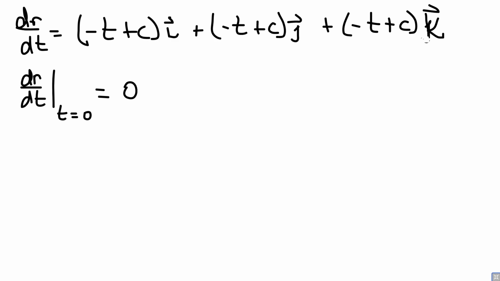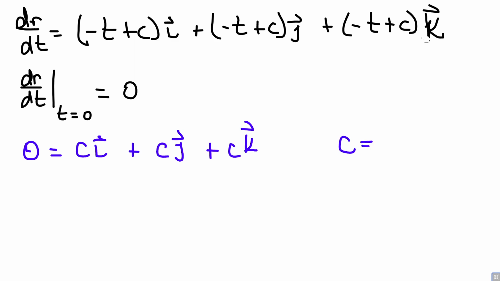If we use that, that means we're going to have that 0 is equal to, and we plug in 0 for t, c in the i direction plus c in the j direction plus c in the k direction. So for all those c's, they are equal to what? 0.